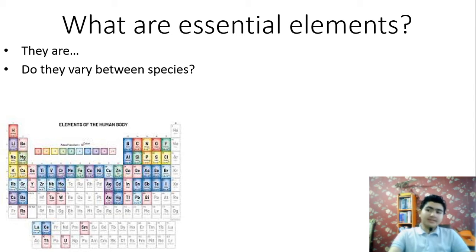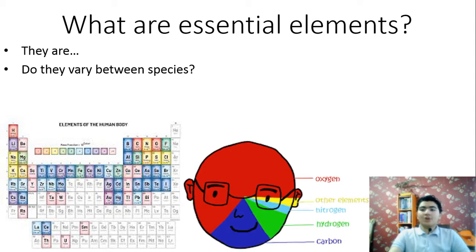Just four elements, meaning oxygen, carbon, hydrogen, and nitrogen, make up approximately 96% of living matter, meaning living organisms or species. You can see in this picture that most of it is oxygen, then carbon, then hydrogen, then nitrogen.